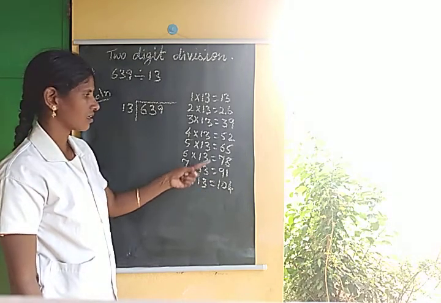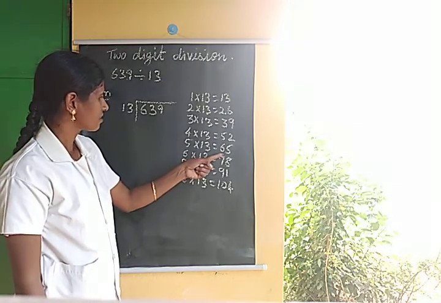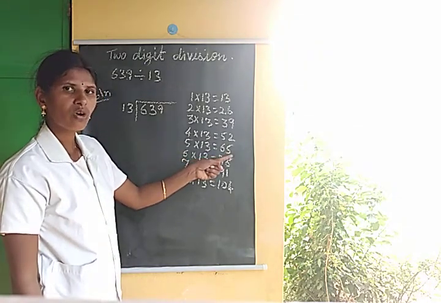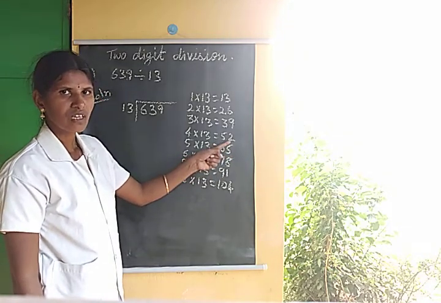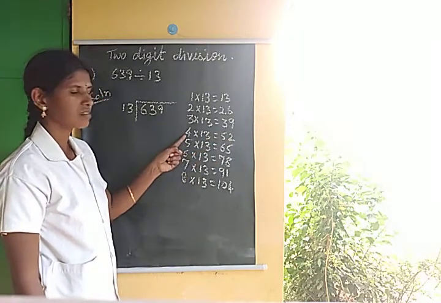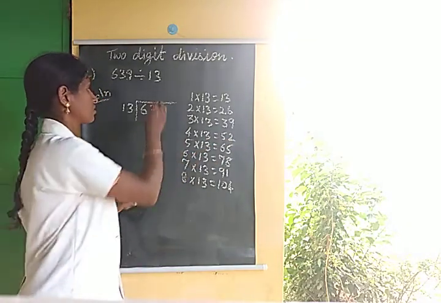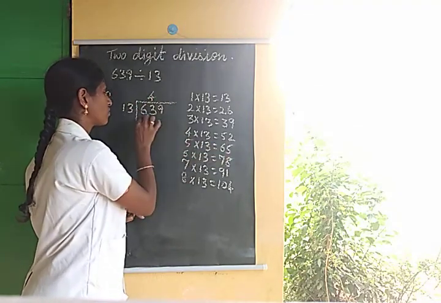Less than 63... 65 also is more than 63. 52 is less than 63. 52, how many times? 4 times. So write here 4 times 13 is 52.